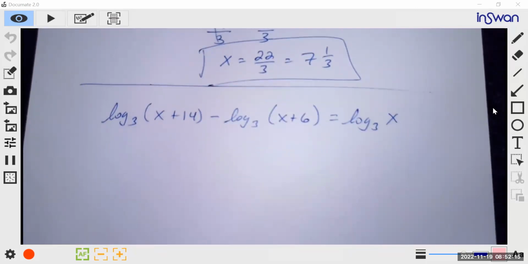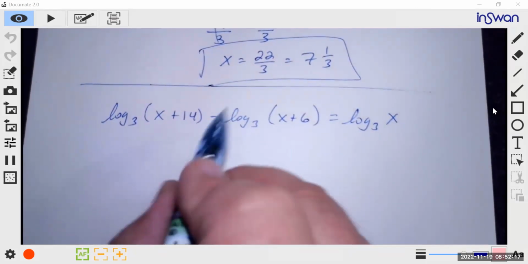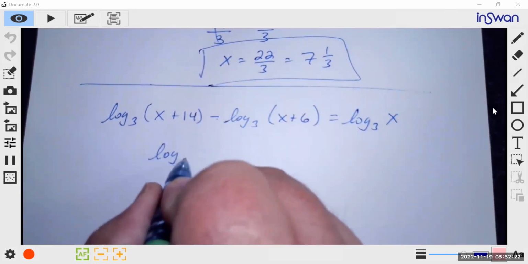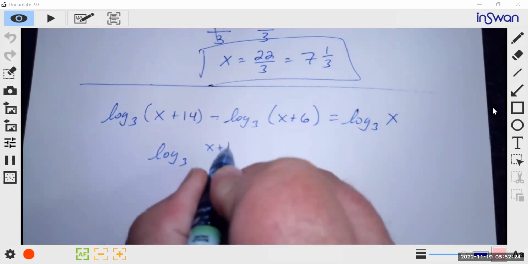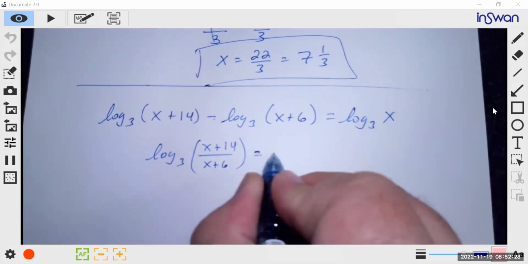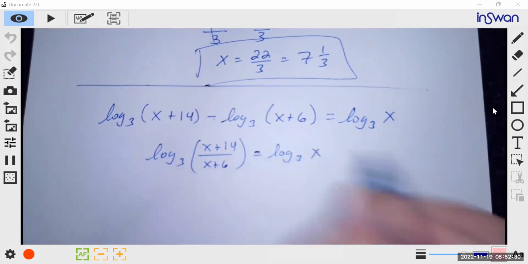All right, so on the left-hand side, can we simplify? Yeah, it's subtraction, so we could rewrite these as log base 3 of (x plus 14) over (x plus 6) equals log base 3 of x.